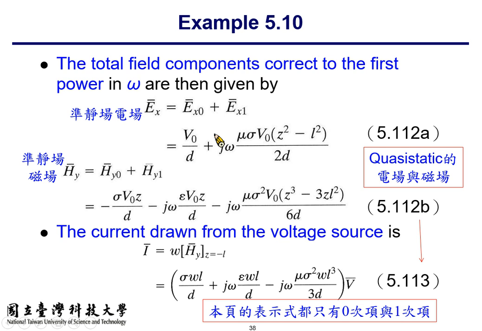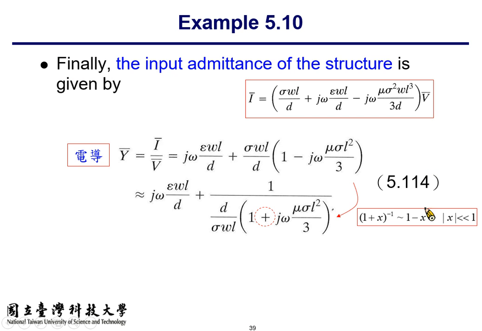If you substitute HY with 5.112, you end up with three terms over here: the zeroth order term and the two first order terms. These can be derived, which is a little bit complicated, so you need to follow me a little bit.